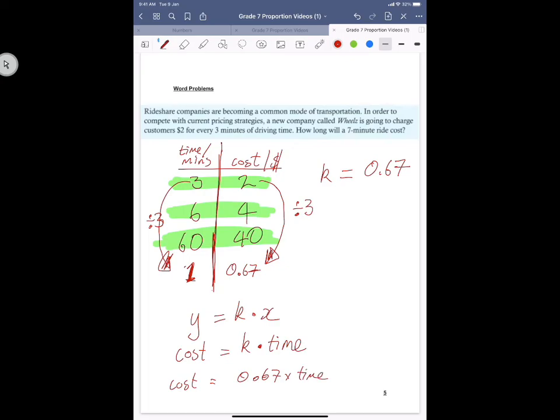And now the magic is that this 0.67 is the constant of proportionality. I think for this though, more importantly, it's the rate or the gradient. It's 67 cents for every 1 minute. So this magic number is telling you for every 1 extra minute how much extra cost.